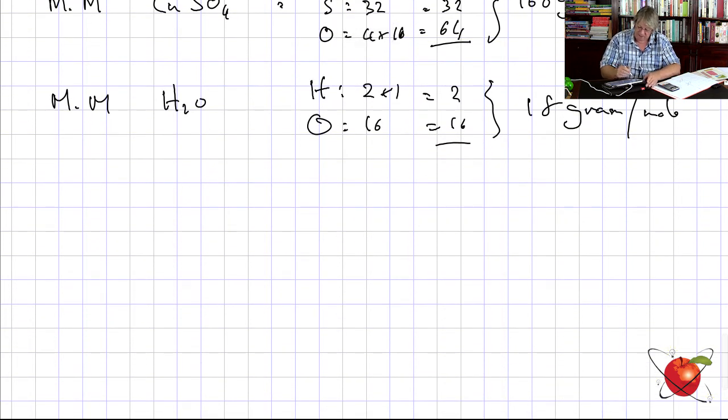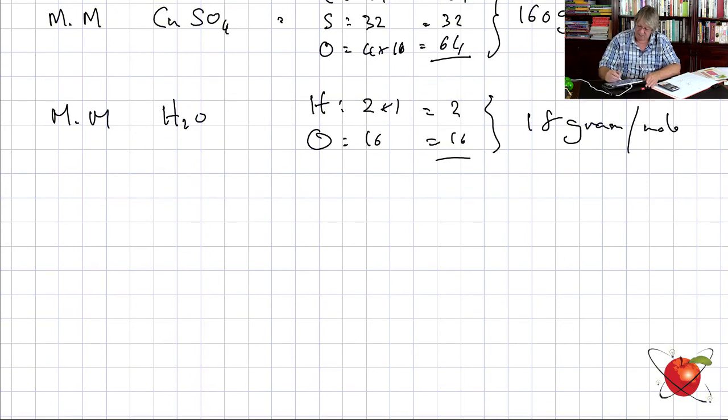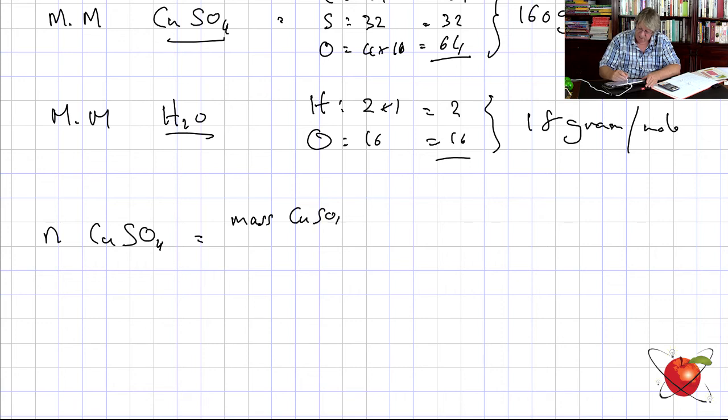So let's put down over here, we've now got a situation where we've got the molar mass of the copper sulfate and the molar mass of the water. Therefore, number of moles of CuSO4 is equal to mass of CuSO4 divided by molar mass.